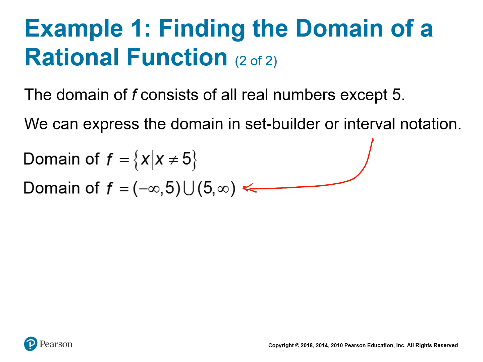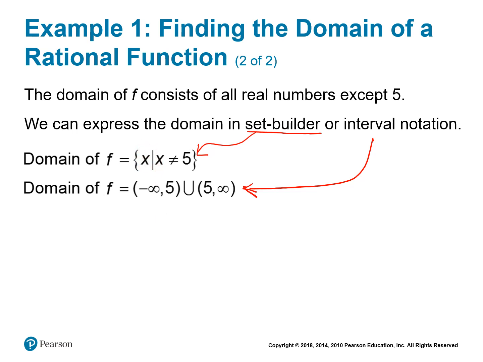The other one is set notation. So the first one here is the set notation, and the way we write the domain in set notation is start with a curly bracket and then write your variable, the domain variable, which is x, and then a vertical bar reads like this, x such that.